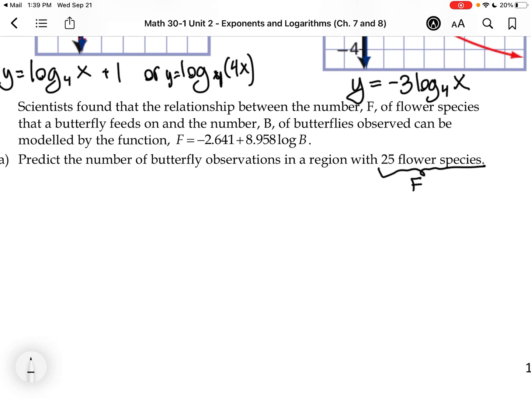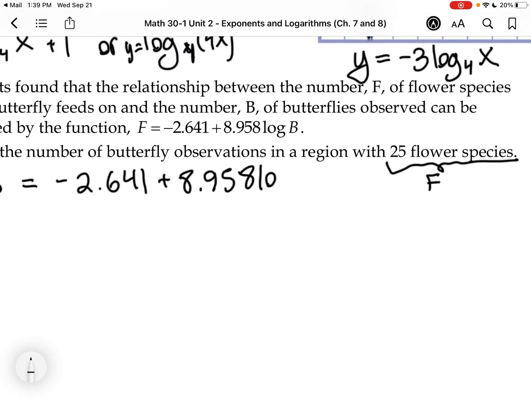So what we're going to do is sub that in for f and then try to solve for b. So we are going to have 25 equals -2.641 plus 8.958 log b.